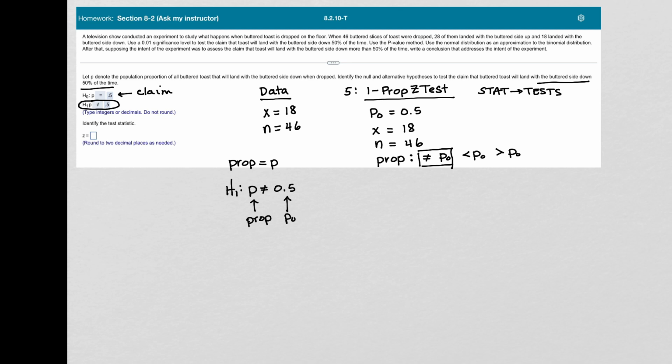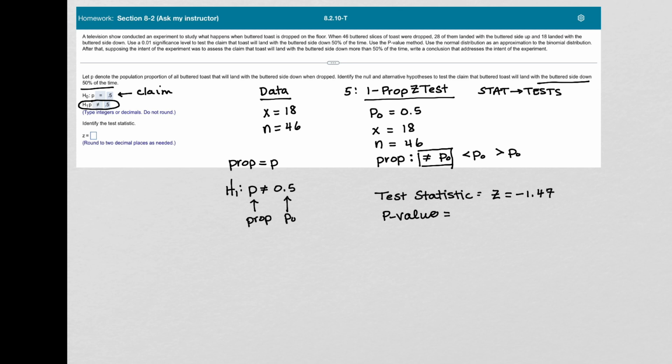And now I'm ready to calculate or draw. And so when I get my test statistic and my p-value, I can choose either calculate or draw. So my test statistic is going to be a z-value, and that turns out to be negative 1.47.